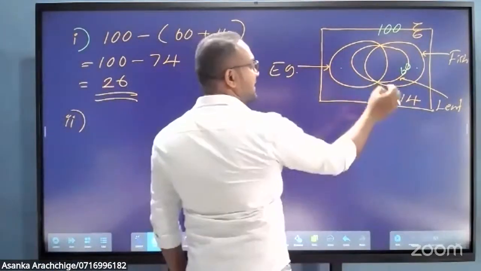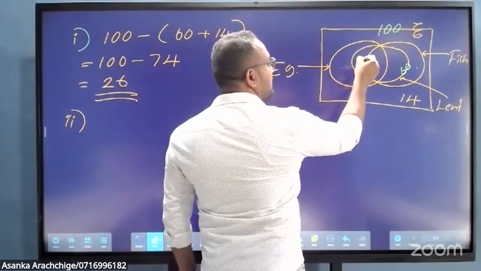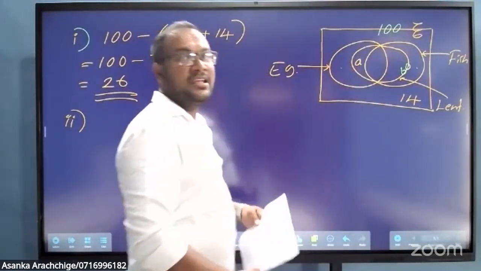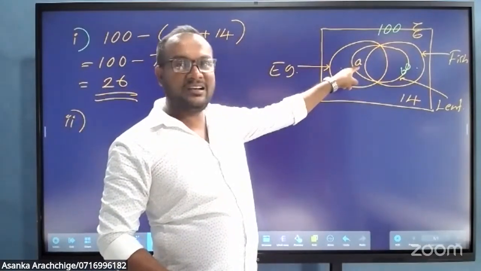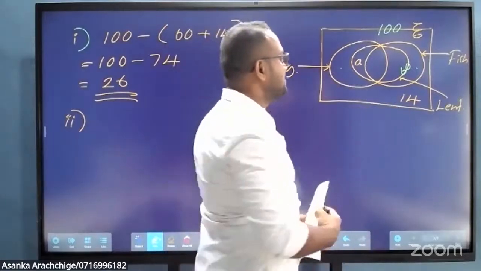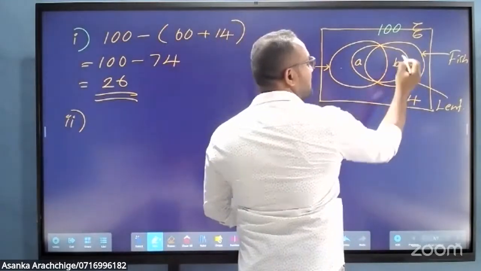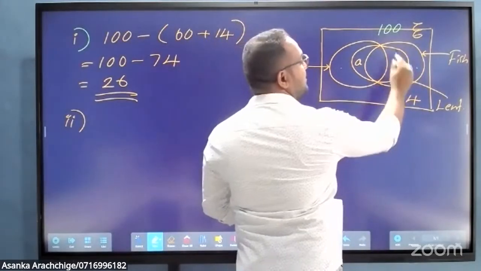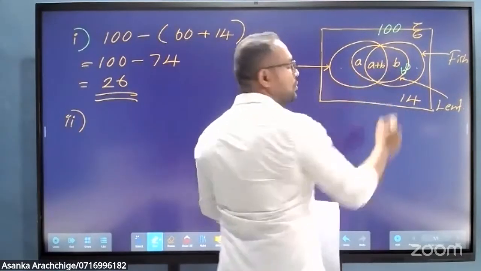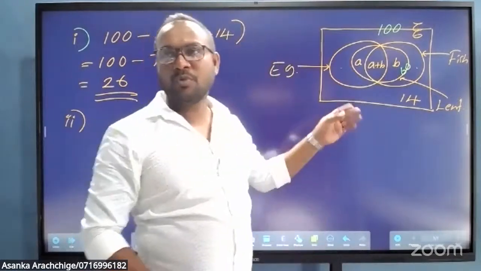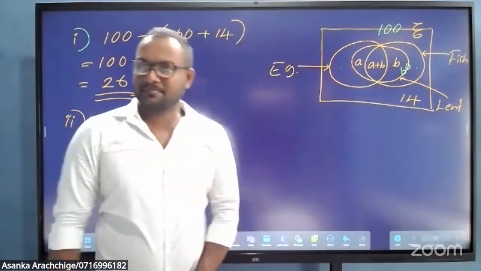Exactly two of these items means, if this is A, who are they? The number of people who bought eggs and lentils only. If this is B, who are these people? The people who bought lentils and fish only. Then this must be A plus B. Who are they? The people who bought all three items.